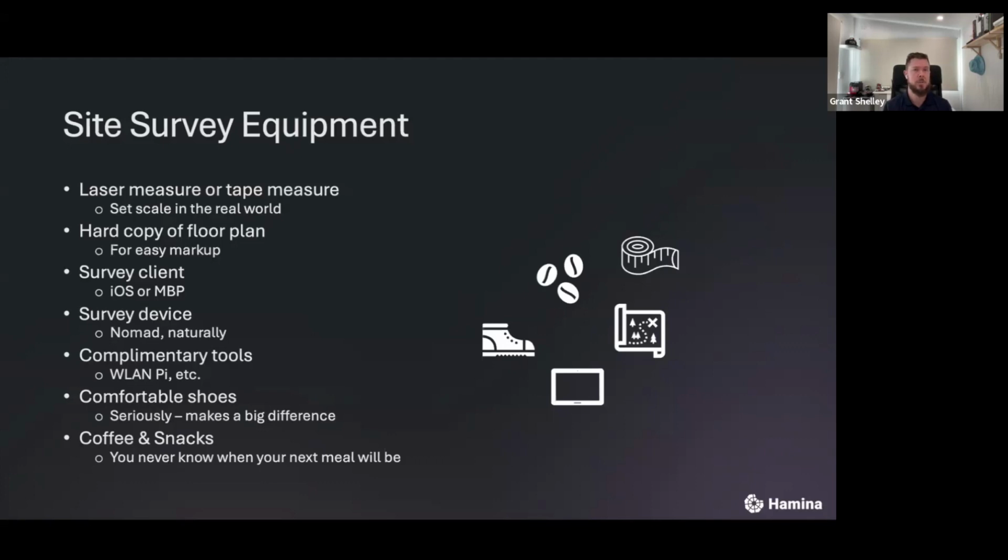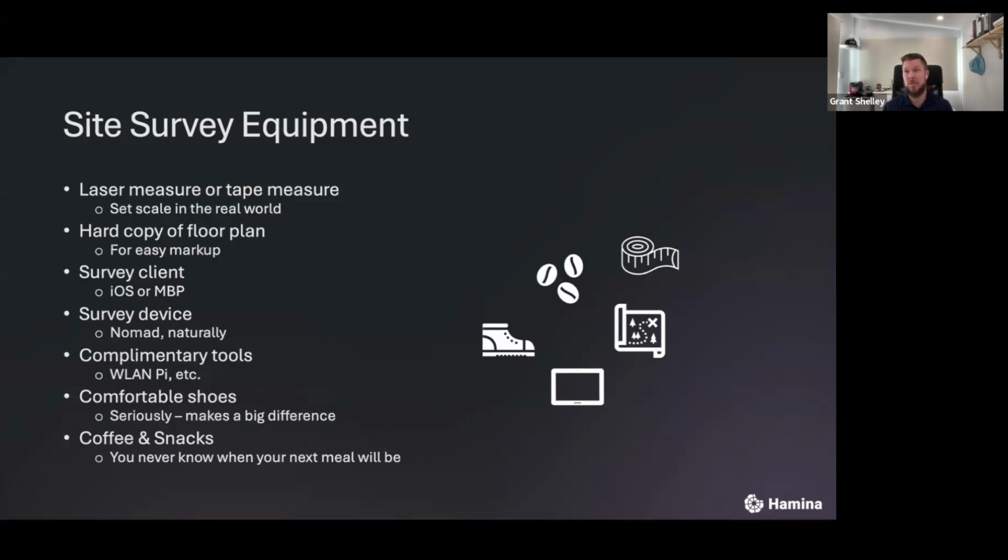I know that sometimes we get floor plans scaled or drawn to scale. I still prefer to measure it off a really large environment or a large room, regardless, because if the scale is out, or if it's already got a scale built into it, I have trust issues with that.